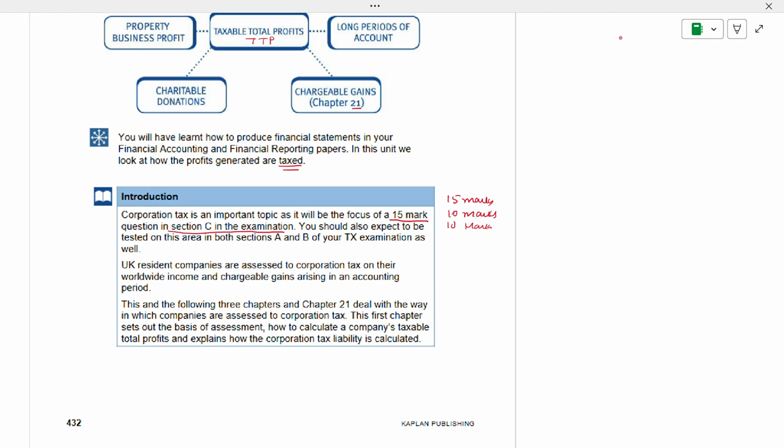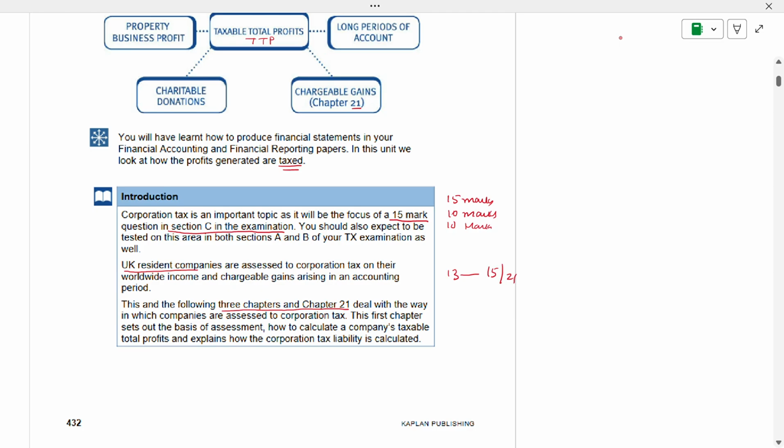UK resident companies are assessed to corporation tax on worldwide income and chargeable gains. These and the following 3 chapters, chapters 13, 14, 15 and 21, deal with the way in which companies are assessed to corporation tax.